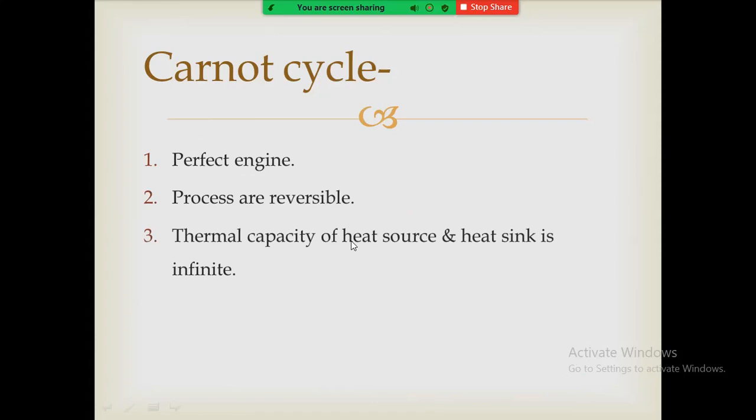So ideally, it is a perfect engine. That means whenever a system follows all the statements given by Carnot, that system will become a perfect engine, and whatever the processes available inside that system are exactly reversible, and the thermal capacity of the heat source and heat sink is infinite. Thermal capacity is infinite means what?